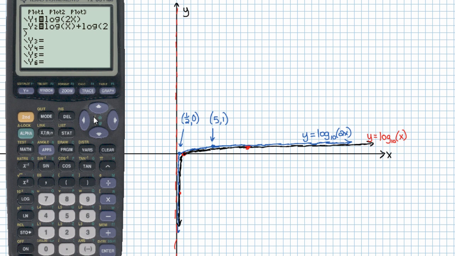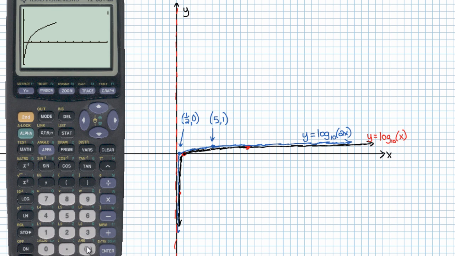So I'm going to use that one. What it's going to do is trace out the curve. It makes it a little bit easier to see. I'm going to adjust my window to go from 0 to 10, and our y minimum will go from -1 to 1.5. So the first curve that'll graph is log of 2x. The second curve that'll graph is log of x plus log of 2.